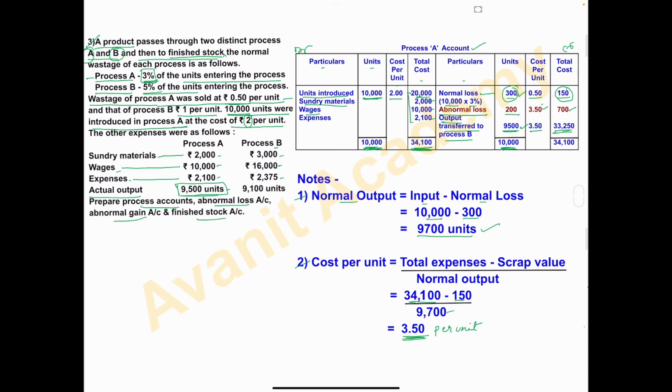Okay, now total of this credit column will be the 34,100: 150 plus 700 plus 33,250, you will get 34,100. Next we'll prepare the process B account.